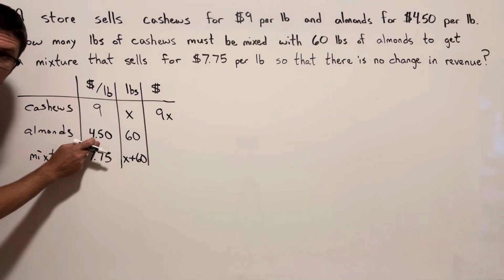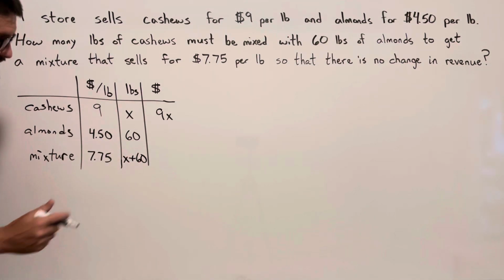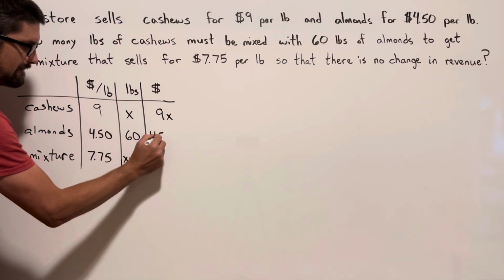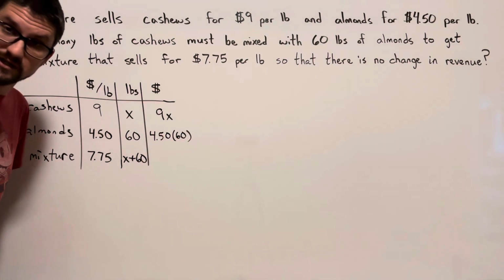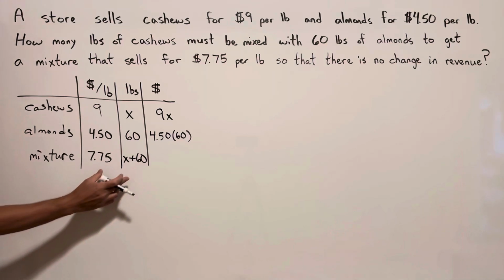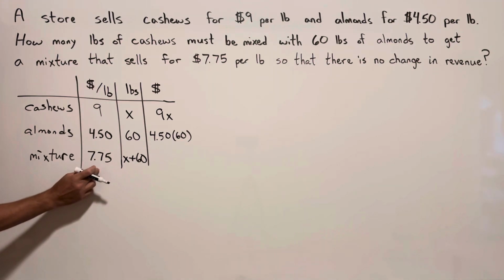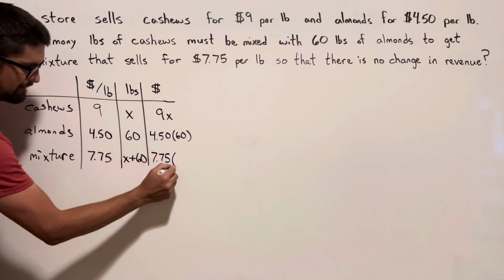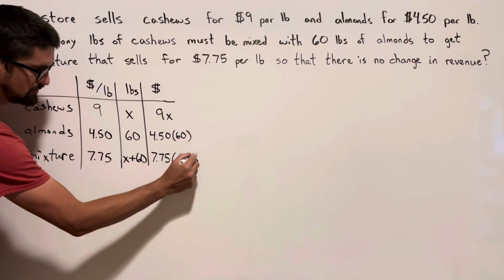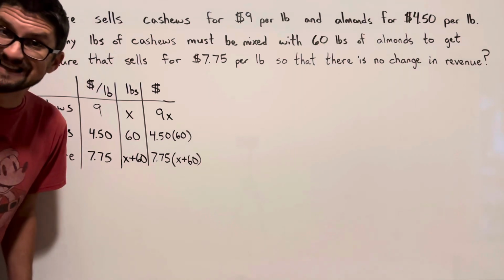They're selling for $4.50 per pound, and we have 60 pounds of them, so you're just going to multiply there: 4.50 times 60. And then the revenue made off the mixture is going to be these two numbers multiplied together. I'm going to have to use parentheses with the X plus 60.